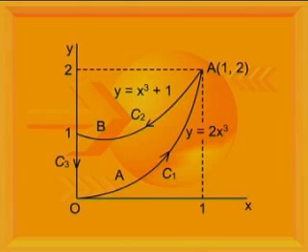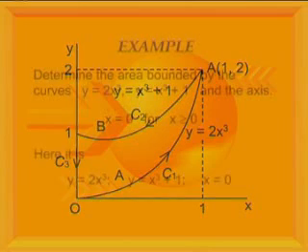We have the curve whose equation is y is equal to 2x cube, which passes through the origin, and the other curve whose equation is y is equal to x cube plus 1, whose y-intercept is equal to 1. And the point of intersection of these curves, we can get by solving them simultaneously.